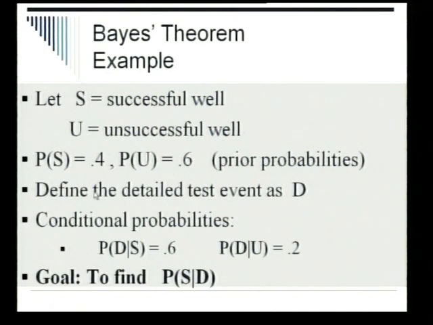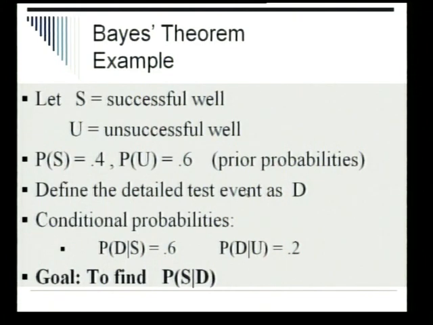We observe that S and U are mutually disjoint. S is successful, its complement is unsuccessful. The notation is different, but instead of U you can use S complement also, right? So that is 40% and 60%.